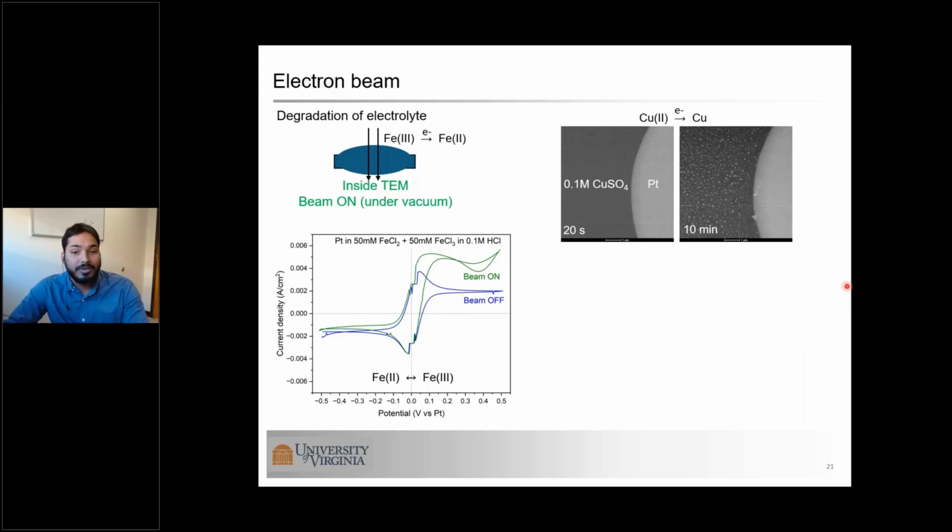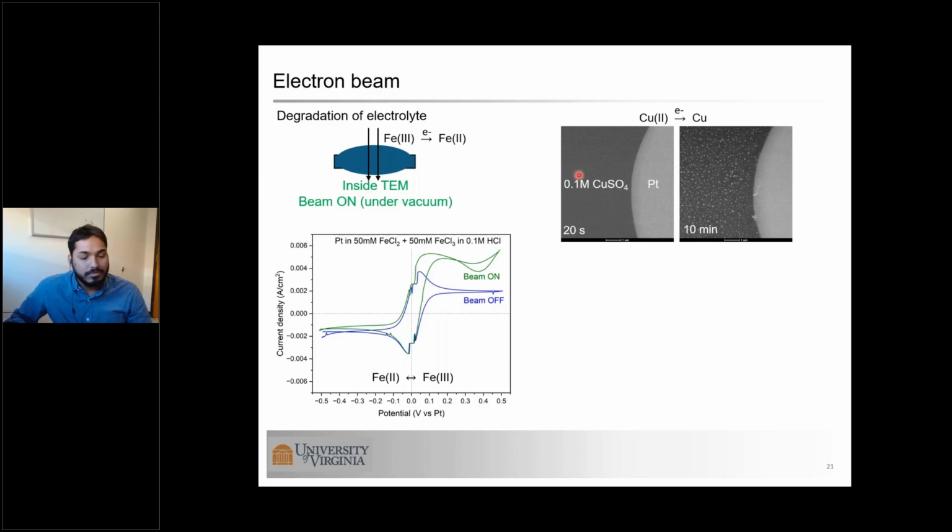Now let me talk about one of the most asked questions in Liquid-Cell TEM, I guess, the effect of the electron beam. There's no doubt that the electron beam has effects, and depending on the electrolyte, it can change the composition, and that would again affect the electrochemical data.